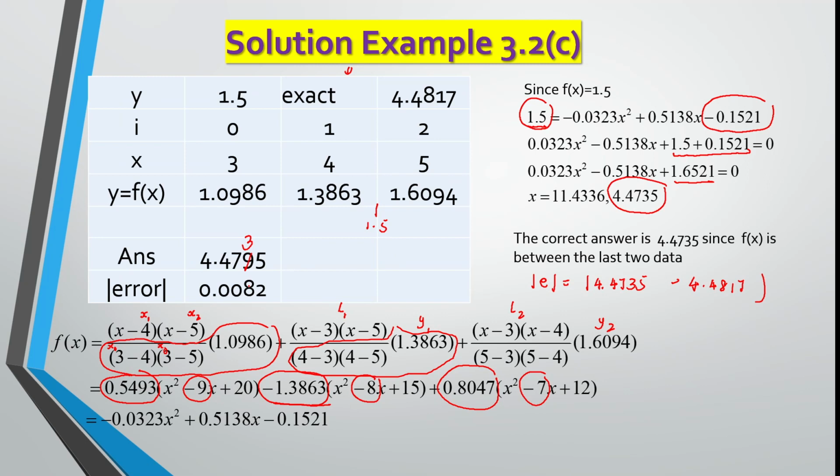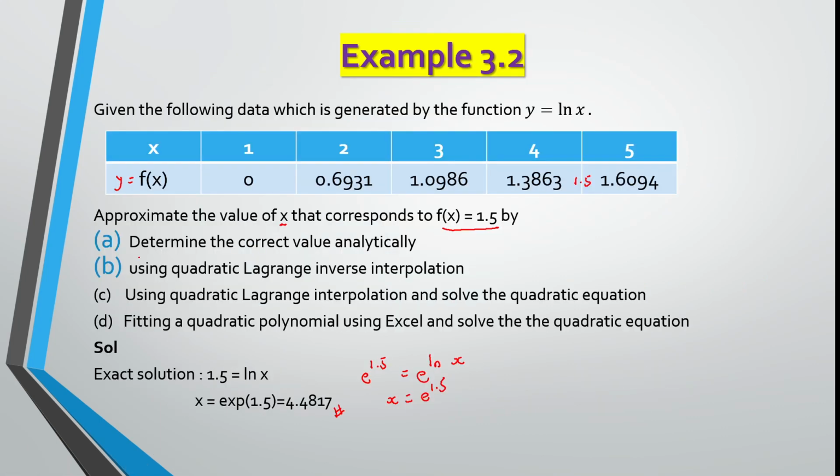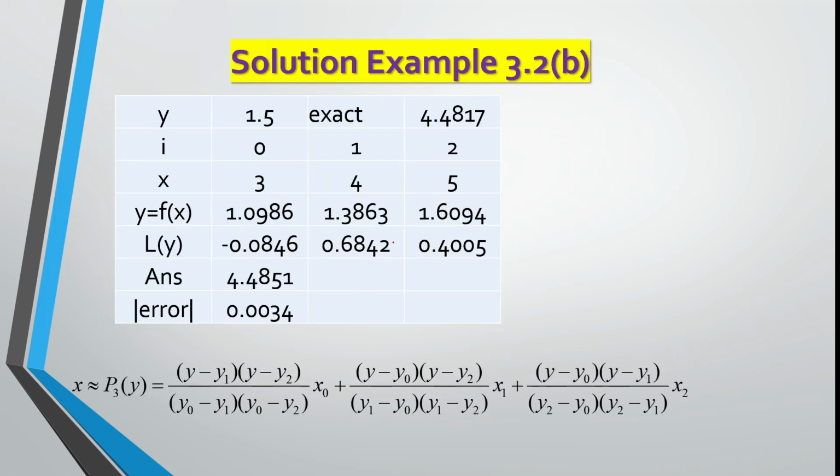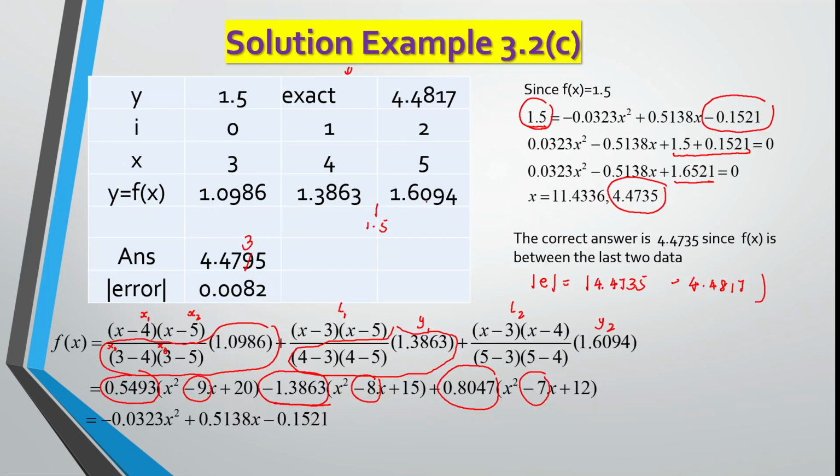So any questions here for technique number C? Questions? Doctor, we are not choosing the root 11 because it's not in range, right? Because you see here, when y is 1.5, the x should be between 4 and 5.